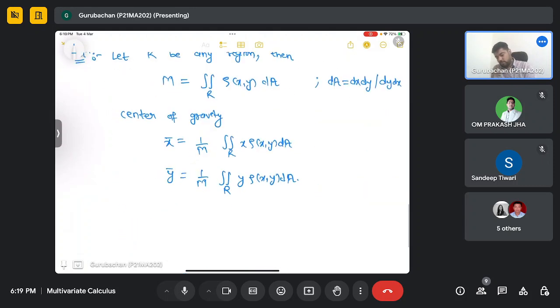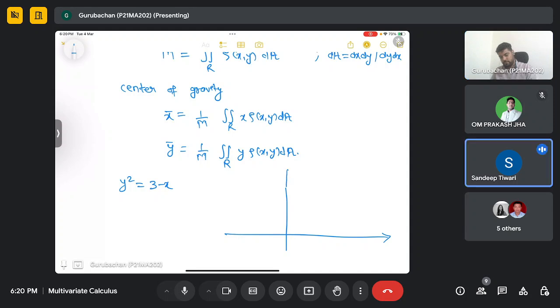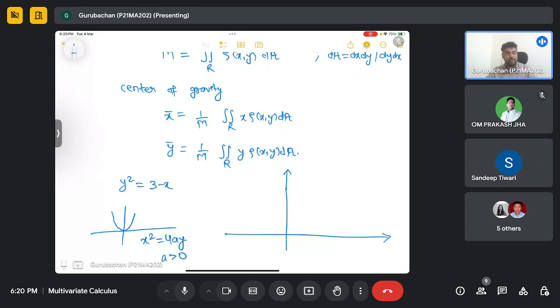So let me draw here. y square is equal to 3 minus x. How to draw this parabola? How will you judge whether this is x based or y based? X based means the parabola is like this, which has an equation of the type x square is equal to 4ay where a is positive.